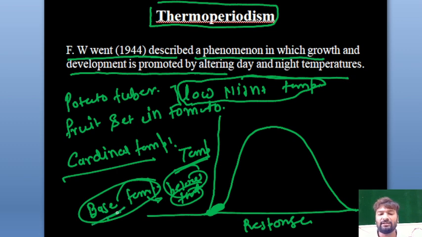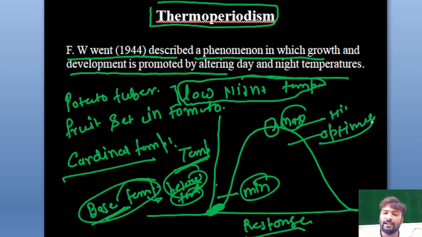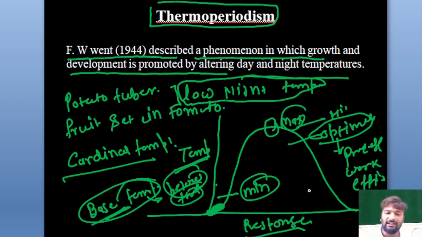So this is known as the base temperature, and this is the minimum at which the response is lowest, and this is known as the maximum at which the process is highest, then the optimum at which the process works efficiently. So these are the cardinal temperatures.